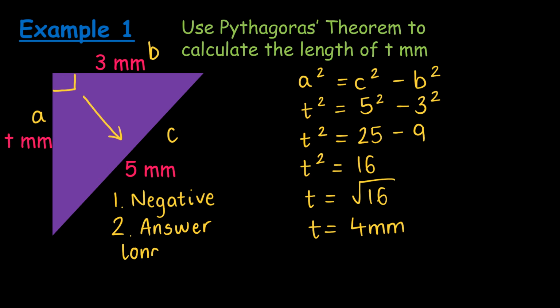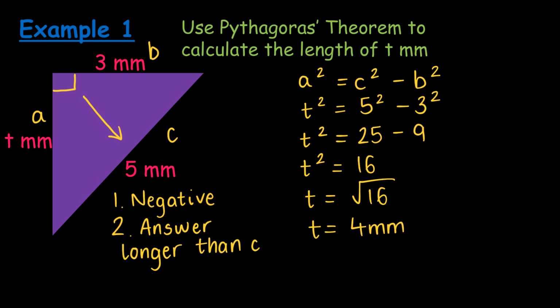So you cannot have, in a right angle triangle, a side that is longer than your hypotenuse C. Okay, it can't happen. So if you'd got an answer there that was 5.7 or 6 or something like that, then what you might have done is 5 squared plus 3 squared instead of taking it away.